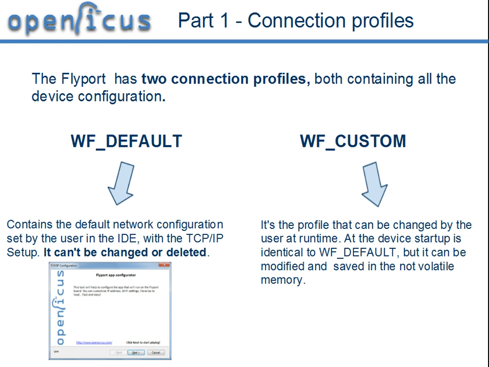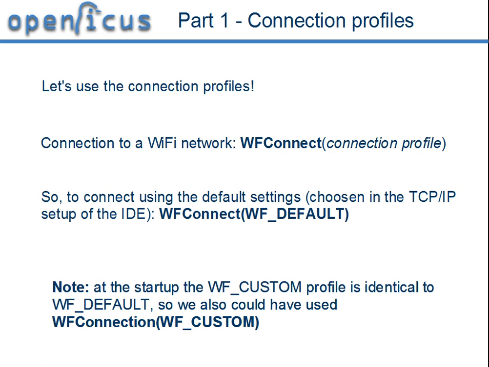The Wi-Fi custom is the profile you can change at runtime. You can save it in the non-volatile memory of the Flyport, so you can reload it even after a reboot of the hardware.